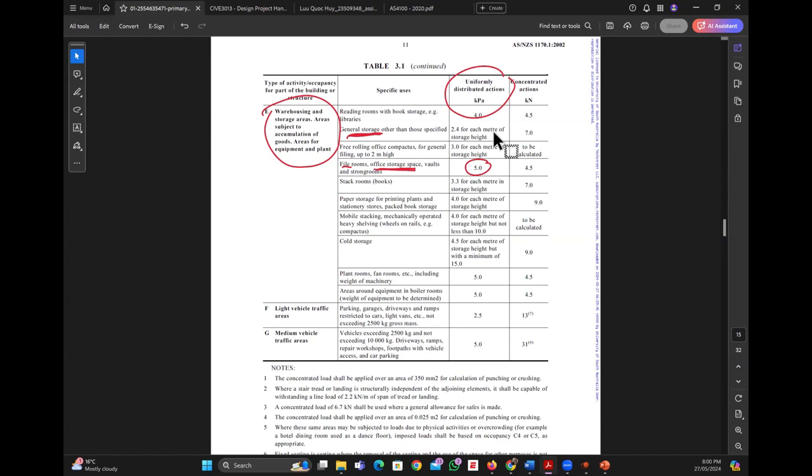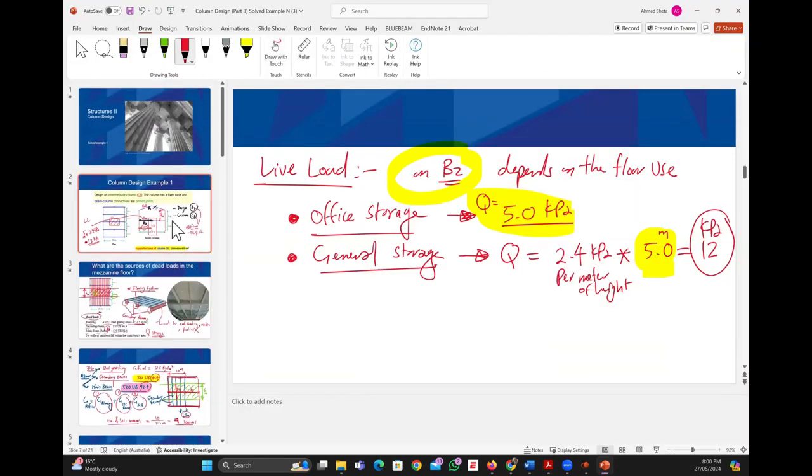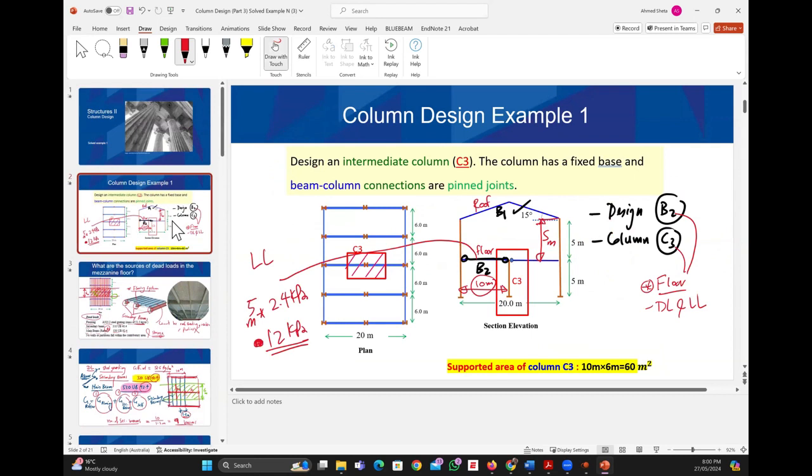If you look at our example, how much is the storage height here? 5 meters. All this area will be storage height. So Q will not only be 2.4 kPa, it should be multiplied by the height.